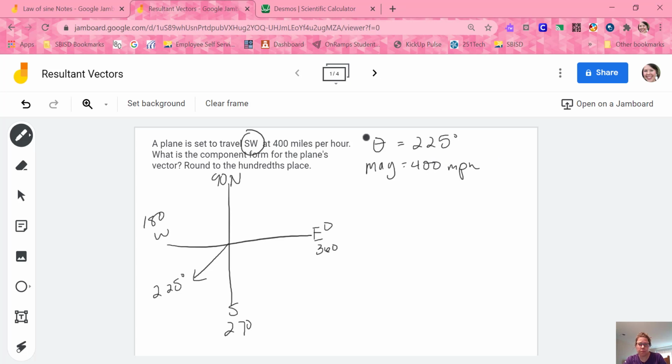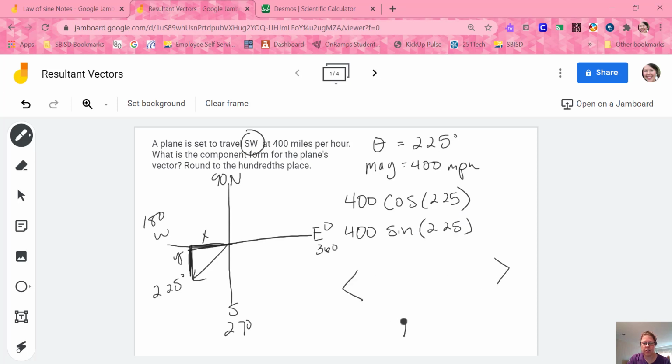Just like we have done before, here's my vector. I'm looking for the x component and the y component. So I'm going to take my magnitude times the cosine of my direction, and my magnitude times the sine of the direction, and put those in component form.